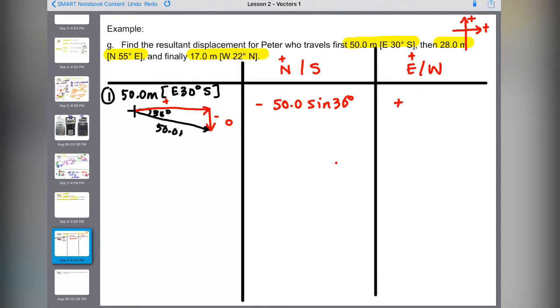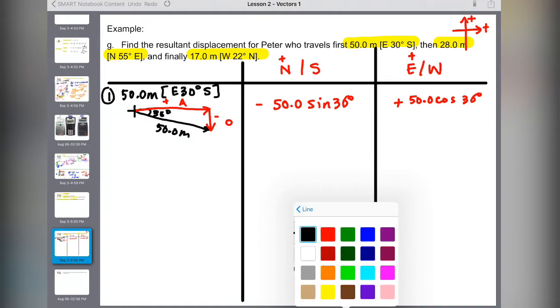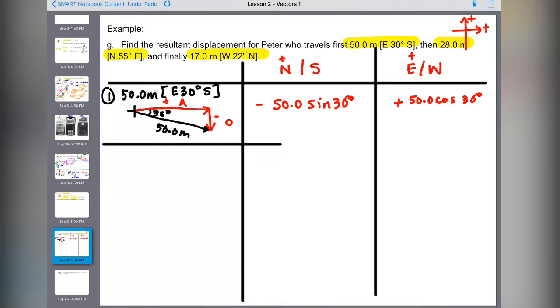I'm just going to write the 50 so we can write the hypotenuse right away. Then going towards the east direction, east is the adjacent. When it's adjacent, it is the cosine. So it's 50 times the cosine of 30. I'm not going to bother punching anything in until we get all of the components. So that's the first vector.